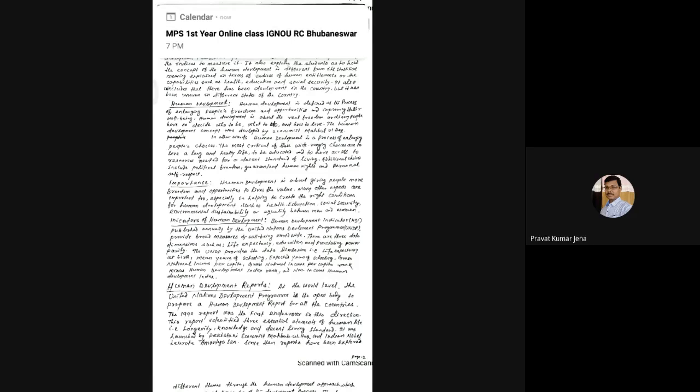It also explains how the concept of human development is different from its statistical meaning, explained in terms of indices of human entitlements or capabilities such as health, education, and social security.